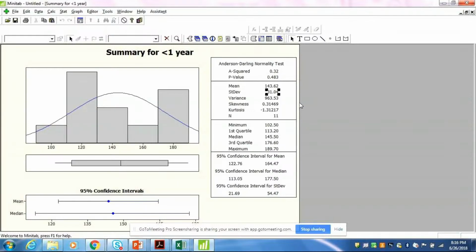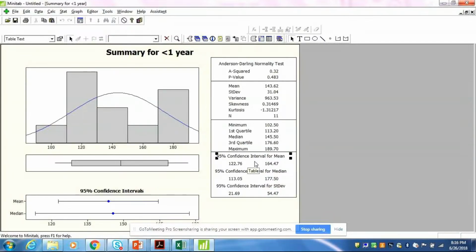Right, but how would we know what the distribution actually is? Is there two standard deviation, one standard deviation that we can fit in? There's an easier way of doing it. If you look here, 95% confidence interval for mean. The distribution is normal, so you're looking at the mean.